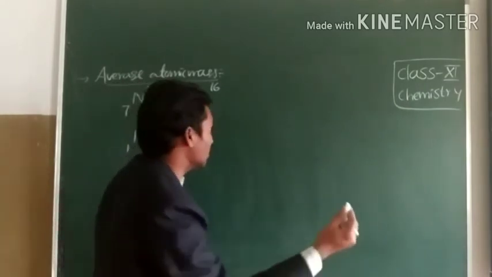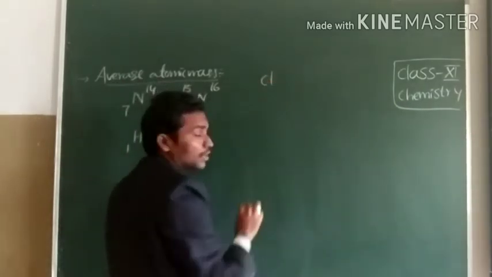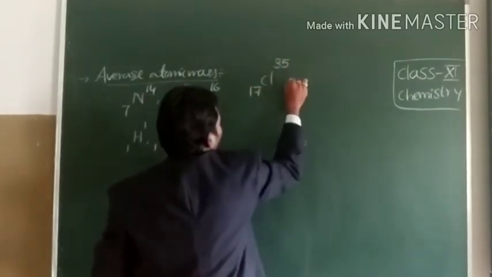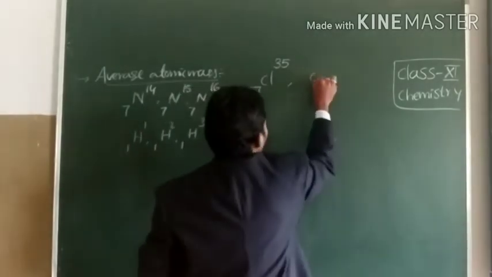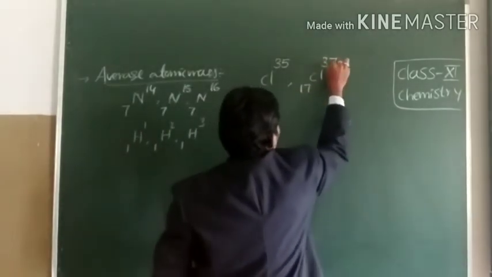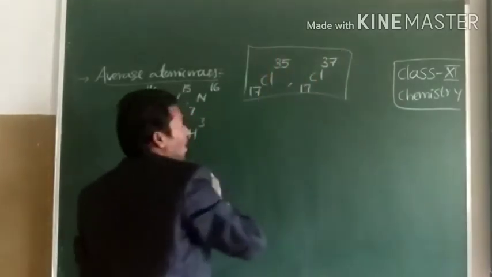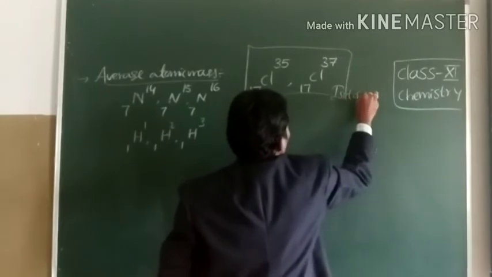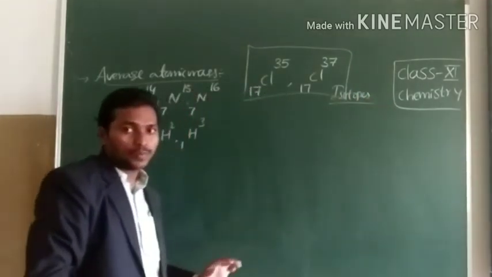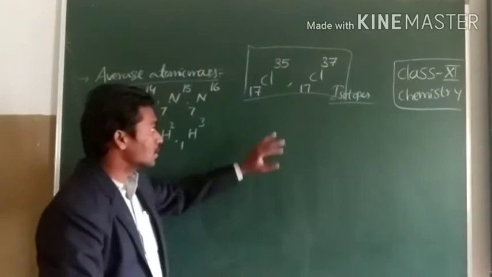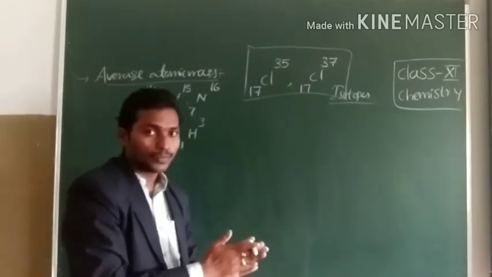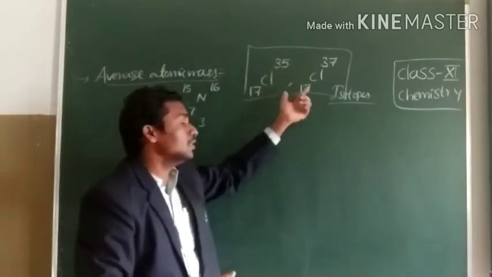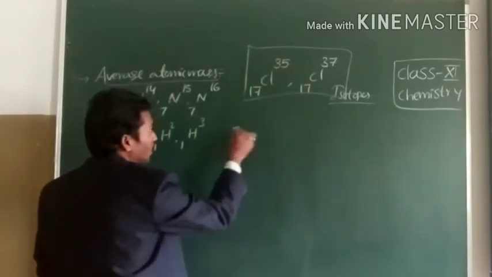For example, let us consider the isotopes of chlorine. The atomic number of chlorine is 17, and the isotopes of chlorine are chlorine-35 and chlorine-37. Average atomic mass is calculated from the product of percentage abundance and atomic mass of each isotope.